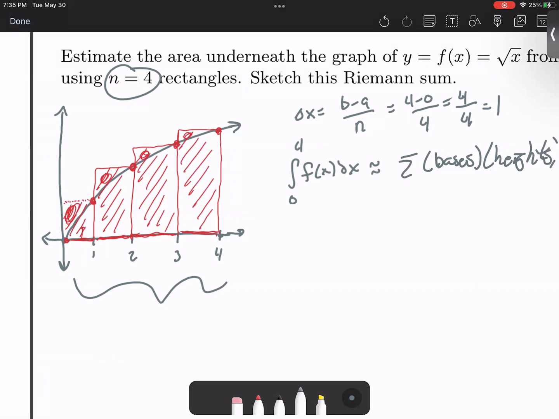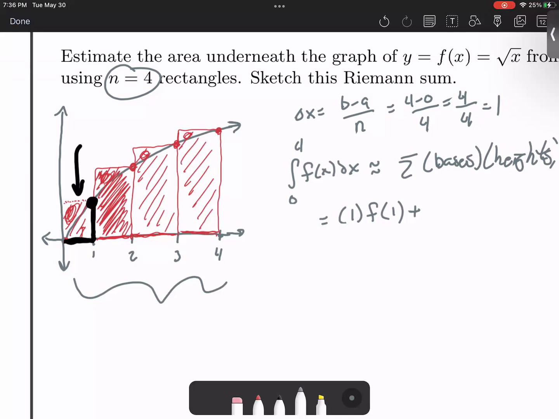The first rectangle, what's the area of that guy right there? It's a base of 1, and the height is given to me by my function value at 1. So a base of 1 times my function value at 1. I'm then going to add to it the next area.